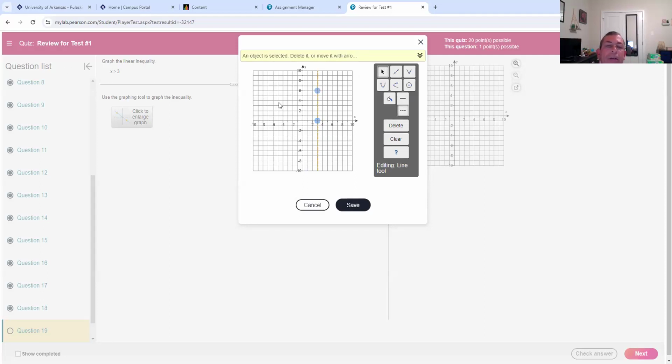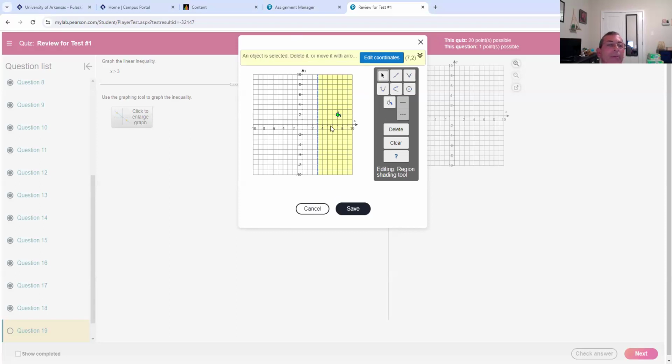So would y'all shade to the left side of that line or would y'all shade to the right side of that line? Which way did those x's get greater? Left or right? I'm going to shade to the right.